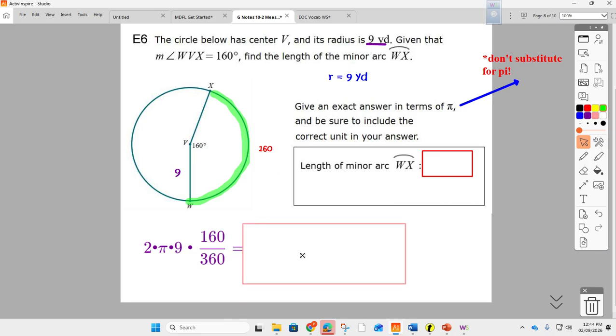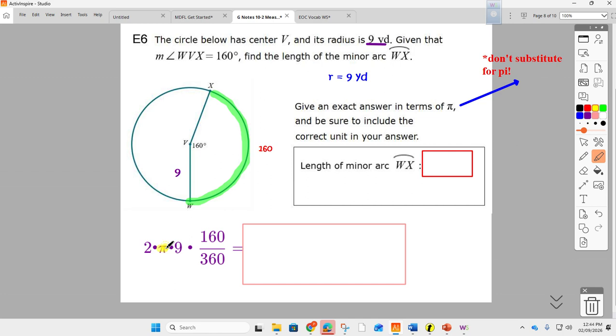Now, here's the other little catch. It looks like we're multiplying by pi, and we are, but we're not going to put pi in the calculator, because pi, that symbol, remember, that's the exact measurement of pi, and we want the exact measurement of pi. So if we replace that with 3.14 or hit the pi button that takes it out even more decimals, we're still rounding.